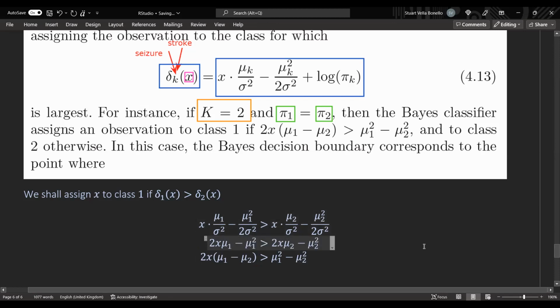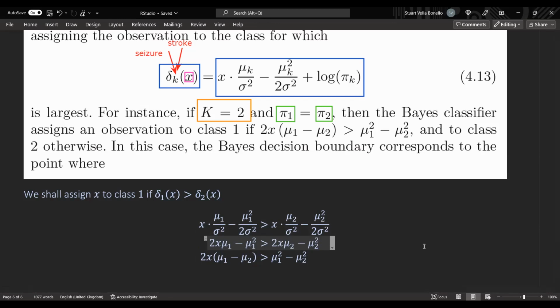So this is one situation where we only have 2 classes, class 1 and class 2. We said, let's say, seizure and stroke, both with the same overall probability, pi.